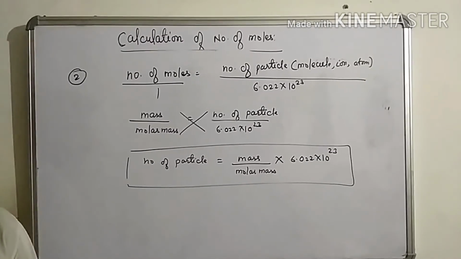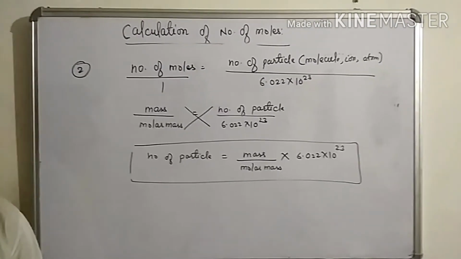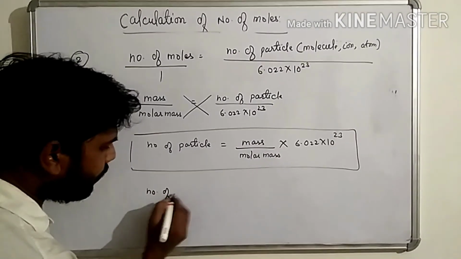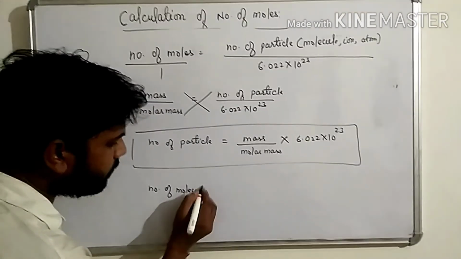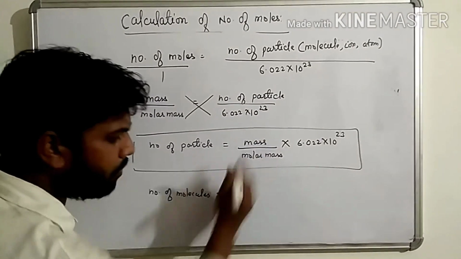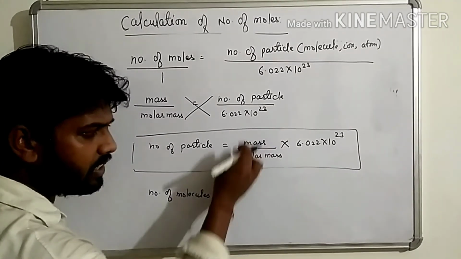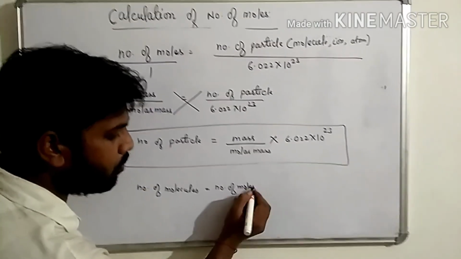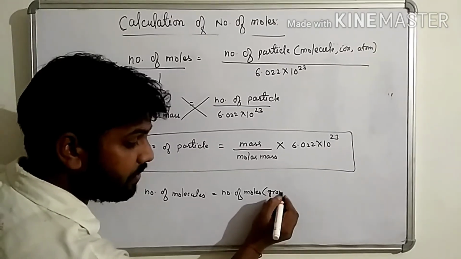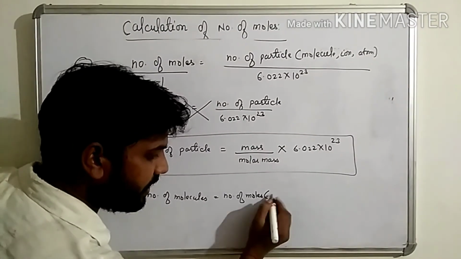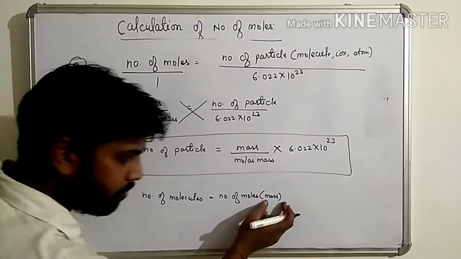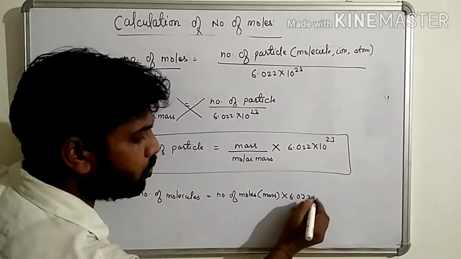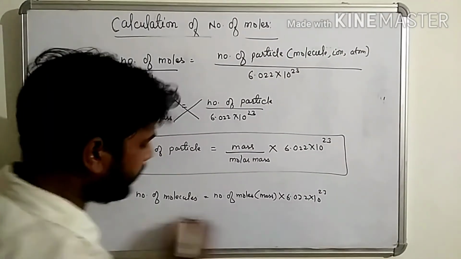Okay, so we can also write number of molecules is equal to number of moles, because this is the formula of number of moles in gram. Means if mass is given there, into 6.022 10 to the power 23.